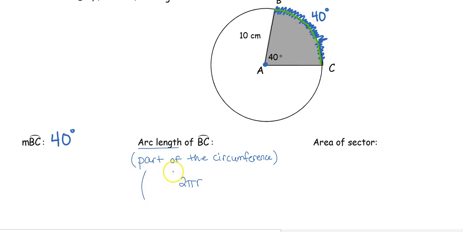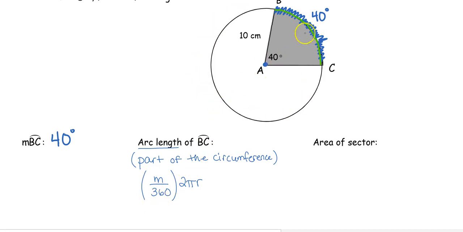So to find the part that we want, it is the arc measure over 360. So the measure of that arc over 360. And in this case, our shaded region is 40. And maybe you're thinking, why did we choose 360?